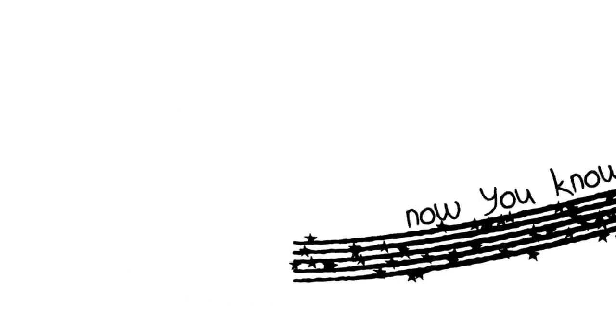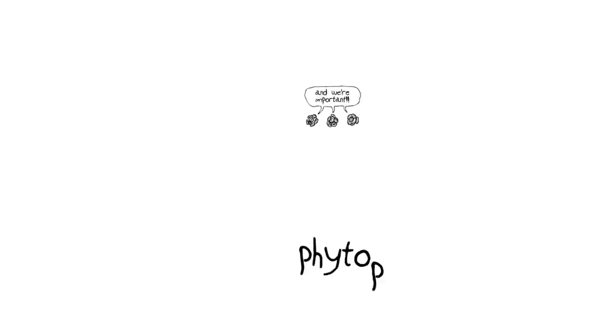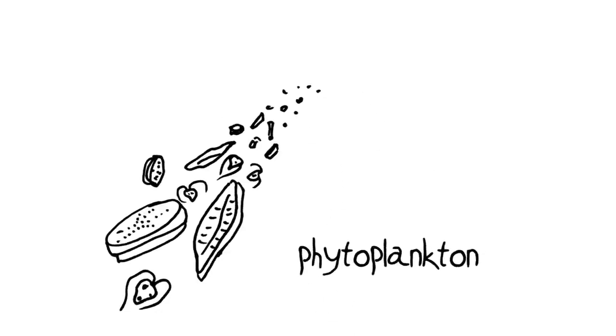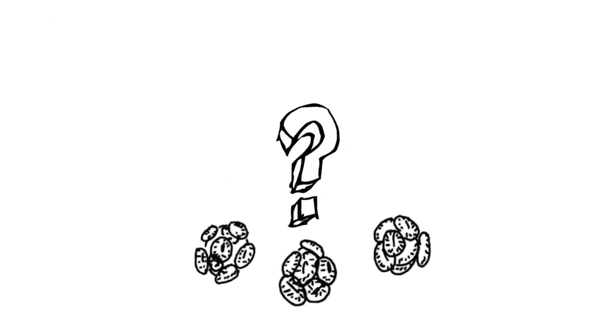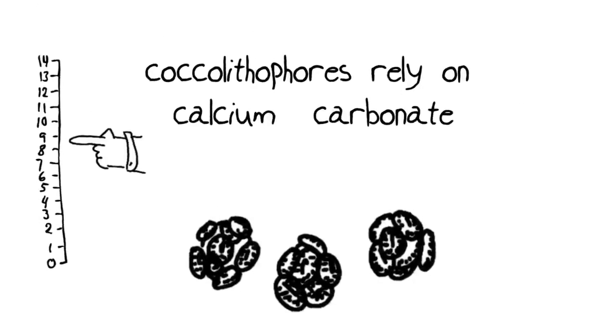Not everyone knows about these, but now you do. Because they're plants, they are really important as phytoplankton producers in ocean ecosystems. No one's too sure why they make their calcium carbonate coverings, but the mere fact that they are making their calcium carbonate shells means that they're also going to be deeply affected by decreasing oceanic pH.